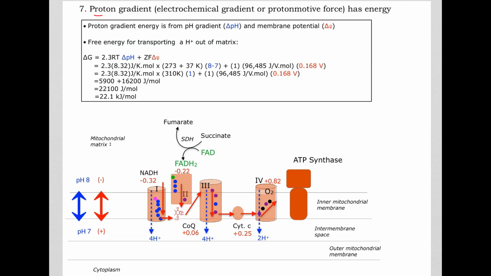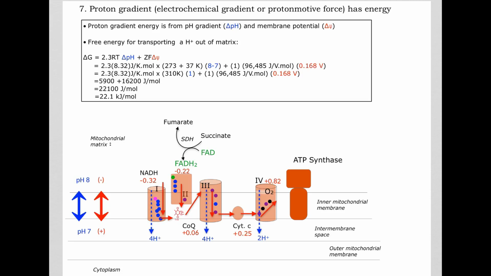Now this proton gradient is associated with energy. This proton gradient energy can be split into two parts. There is energy from the difference in pH, and then there is the energy from difference in the charge between the matrix and the space.